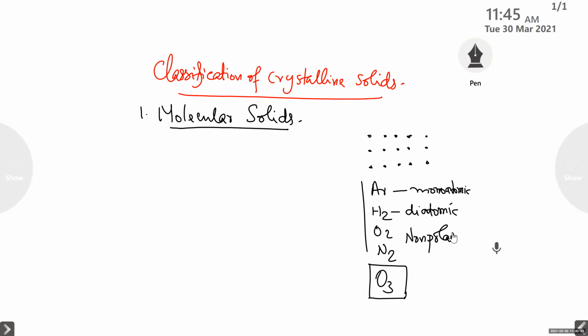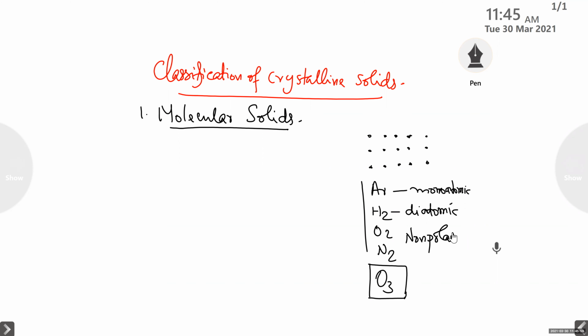So what is the dispersion force, the London force? It is due to the oscillation of the electron cloud. The electron cloud will be shifted to one side, so there will be temporary, transient dipole formation.